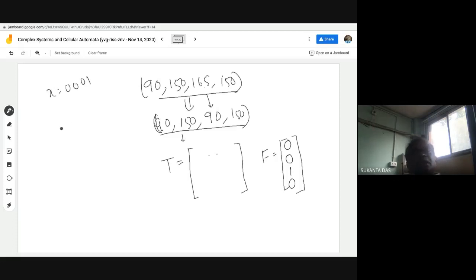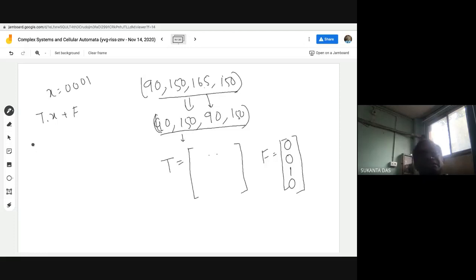How can I get its next configuration? It's T into X plus F. So by doing so, I can get the next configuration. Nothing else. So consider this X.